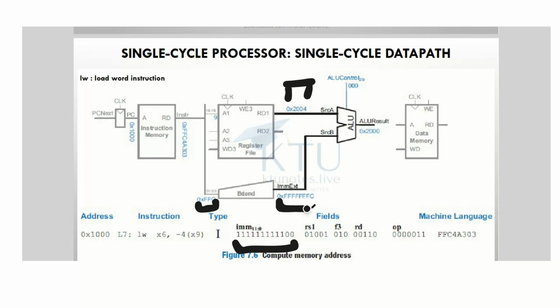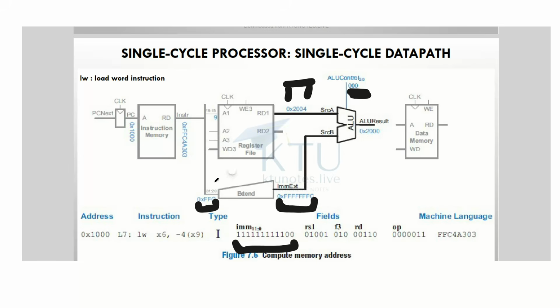Then I am going to add both of these, -4 plus the value in x9. These two values are added, that is why the ALU control is 000. This is the ALU. What does the ALU do? It can do arithmetic operations and all.